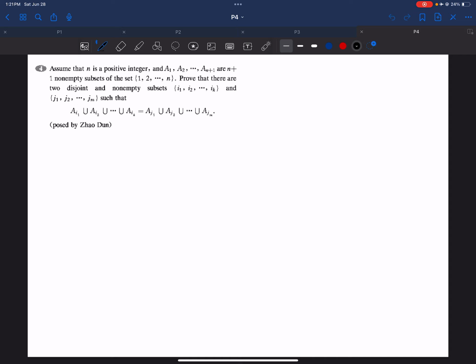For a subset A equals a collection of I1, ..., Ik inside 1, 2, ..., n, I will introduce an n-tuple or a vector VA.